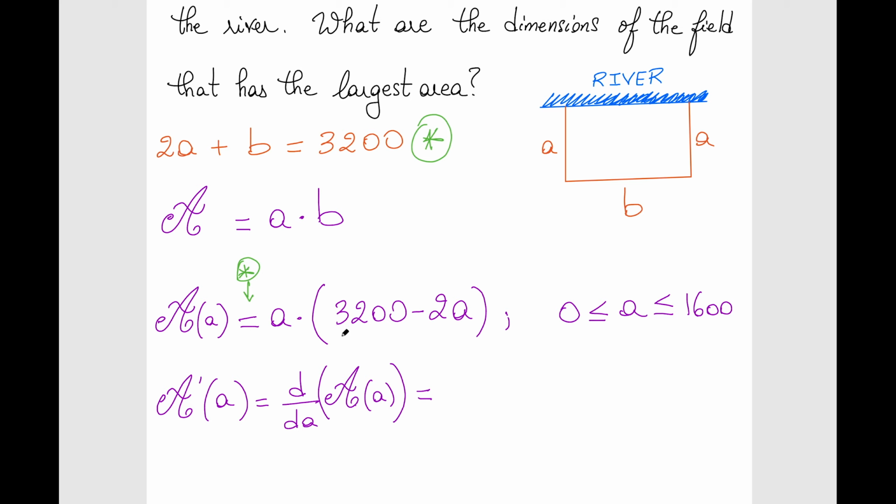All right, and what is this? If we differentiate this, you use whatever you want. This is 3200 minus 2a squared, or you can use the product rule here. Whichever you use, you're going to get 3200 minus 4a, right?